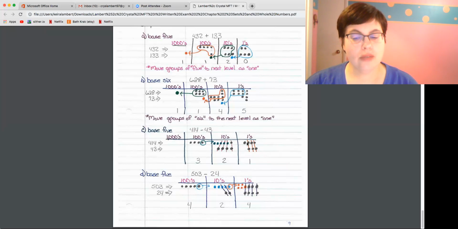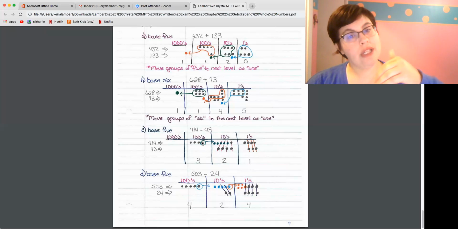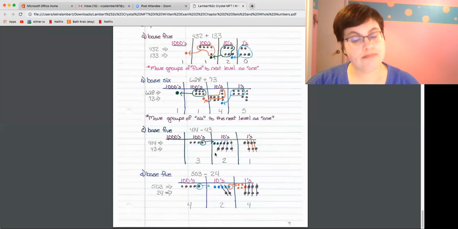Whatever is not canceled, that's our answer at the bottom. So that's 1. Here we have 2 remaining in the tens, so that's 2. Here we have 3. We do not include what we moved down to the lower column.